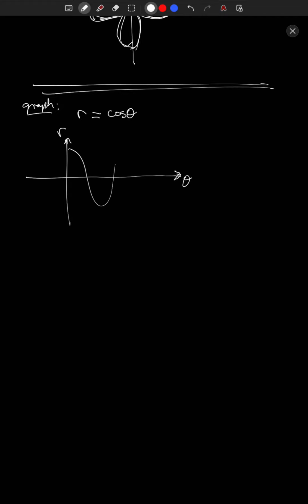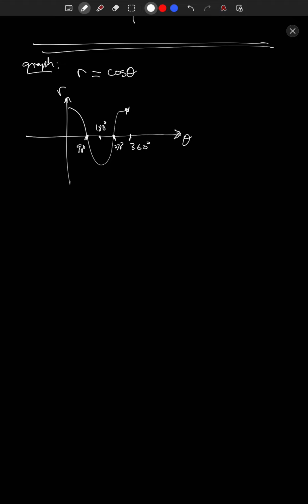This one, the r theta graph just looks as we normally expect. 360 degrees, 180 degrees, 90 degrees, right there's 270 degrees. Those are the interesting landmarks. Here's my x and y graph.